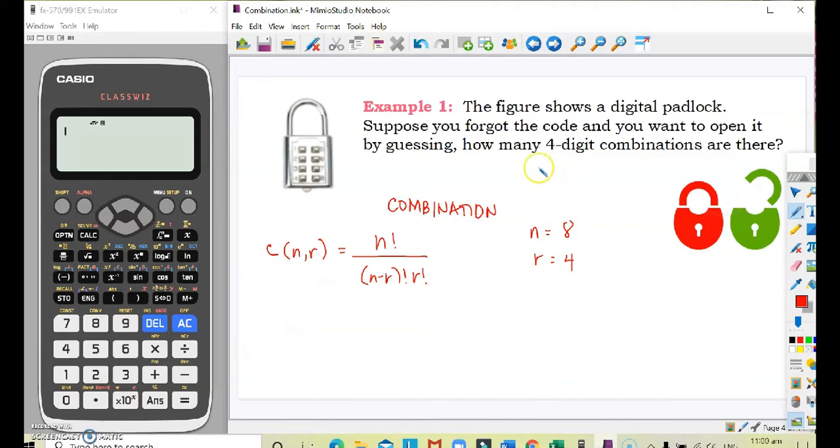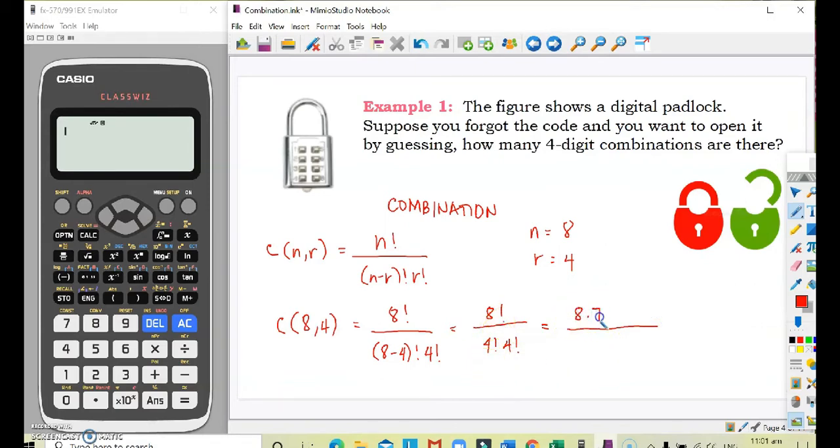Then, to find the number of 4-digit combinations, we have to find 8 choose 4, which is equal to 8 factorial over quantity 8 minus 4 factorial times 4 factorial, which is equal to 8 factorial over, since 8 minus 4 is 4, 4 factorial times 4 factorial. Let's do this manually first. So what we can do is express 8 factorial in terms of 4 factorial.